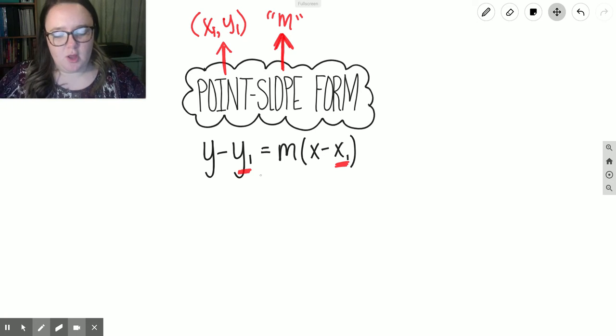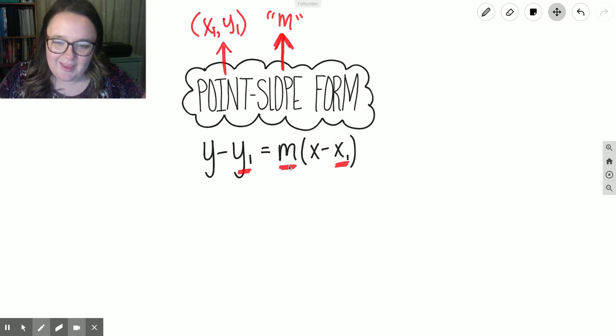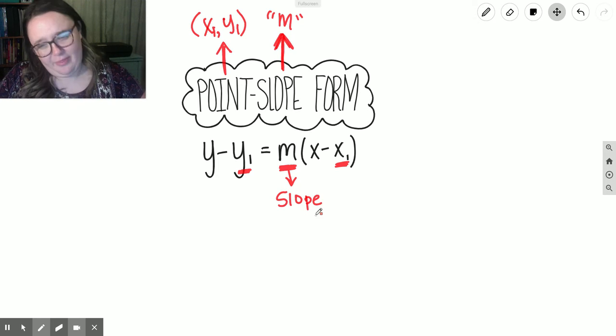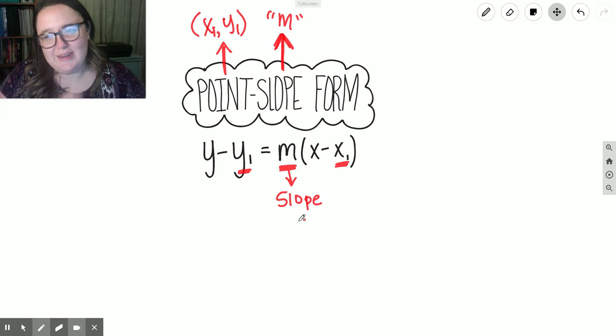When later on we start writing our own formulas, you're going to have to know how to substitute that x1 and y1. For now though, we are really looking at this variable m, and knowing that that is slope. So if there was a number there, that would represent our slope.